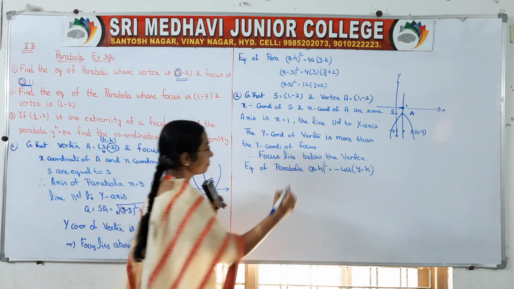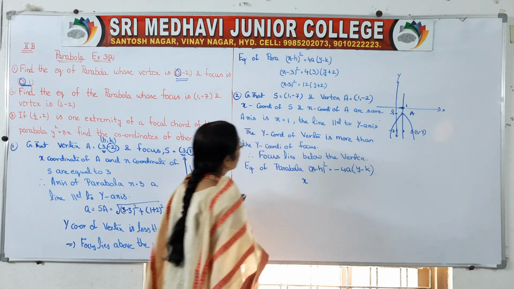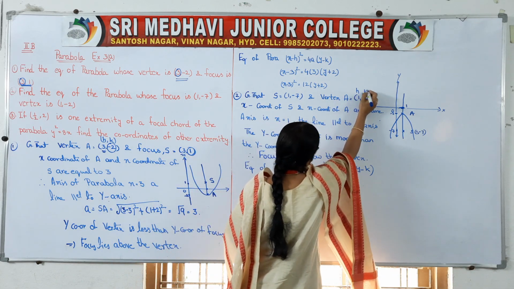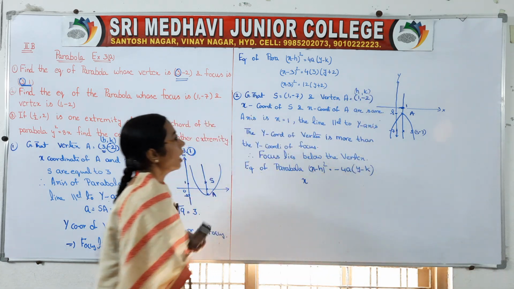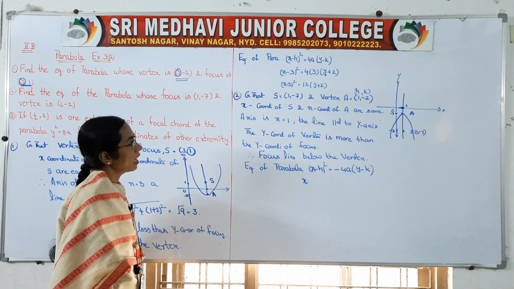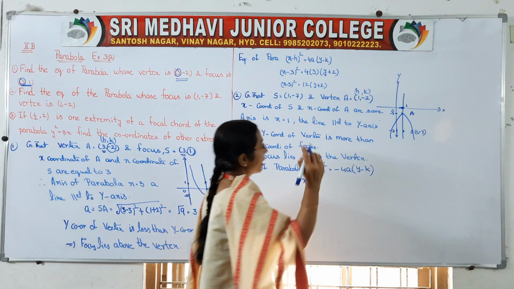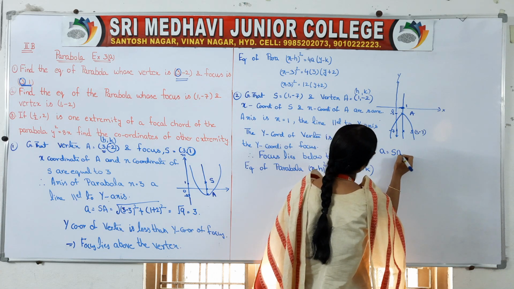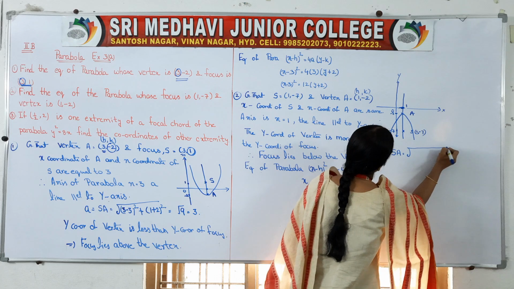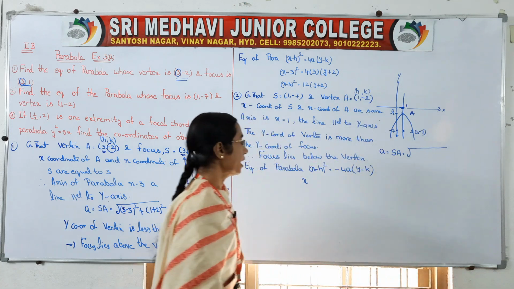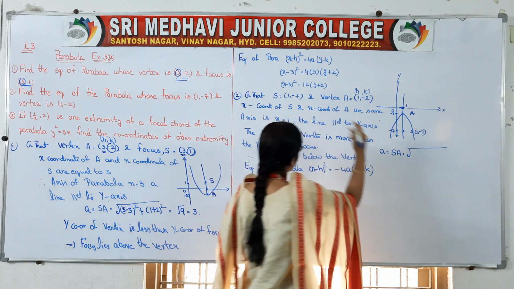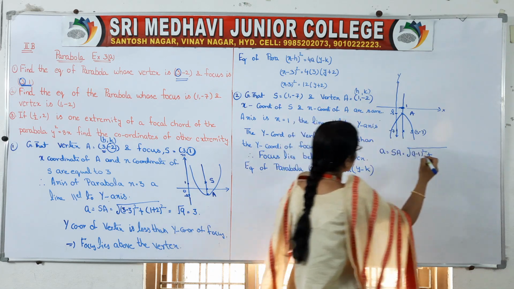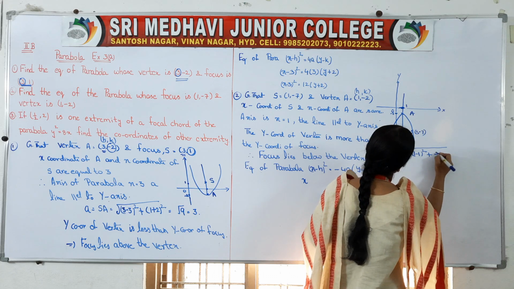Okay, so your vertex is (h, k), and we have to find the a value also. What is your a value? A is equal to the distance SA, isn't it? So what is the distance SA? It is nothing but the square root of (1 minus 1) whole square plus (minus 2 plus 7) whole square.